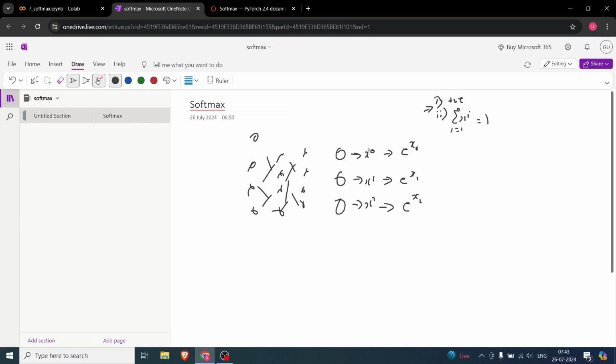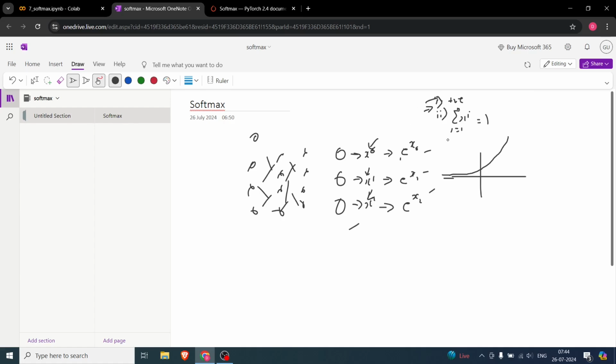Because we don't have any control over x0, x1, x2, but you know from the graph of the exponent function that it is always positive, right? It comes over here, it goes up and up. So you can see it's always positive. So this is guaranteed to be positive, and this is also guaranteed to be positive, which means our first condition is met.